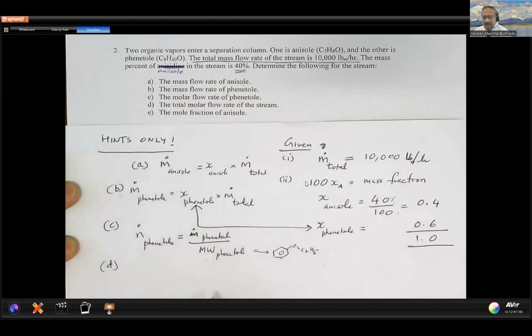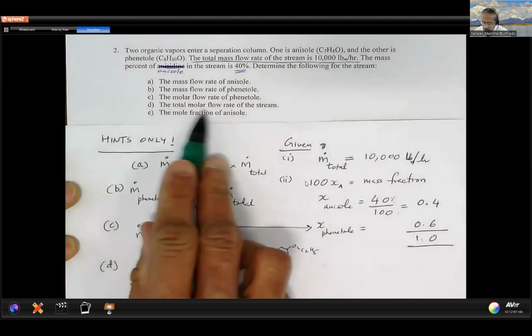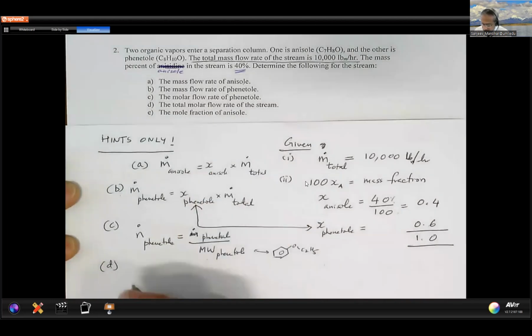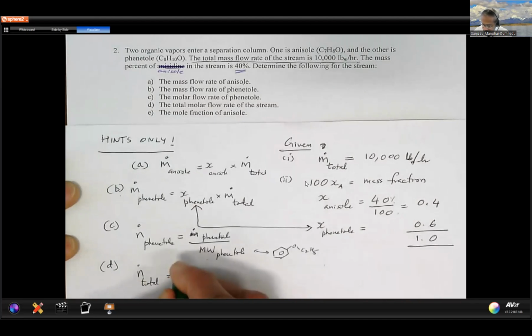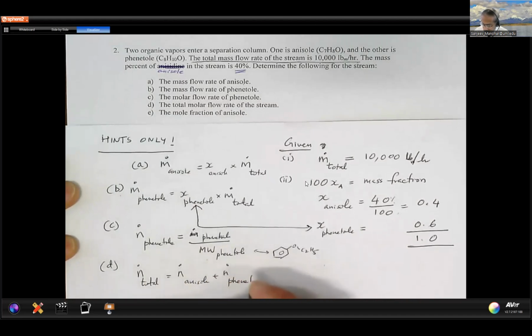What's D? The total molar flow rate of the stream. So N total is what? It is equal to flow rate of anisole plus flow rate of phenetol, right? You got the phenetol here, right? So what's the molar flow rate of anisole?